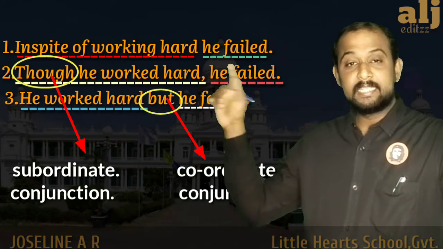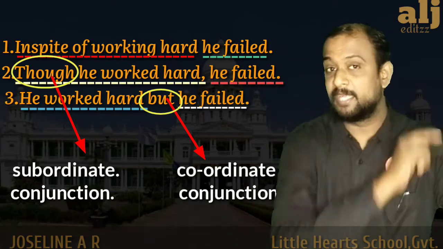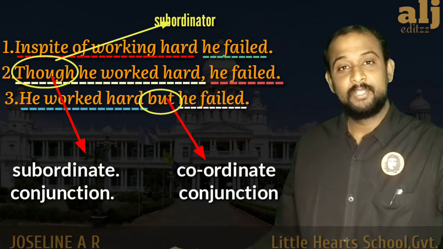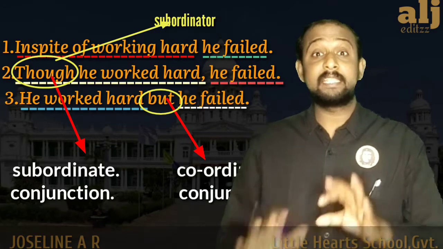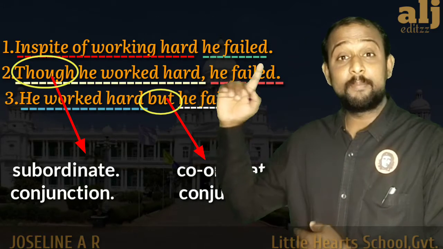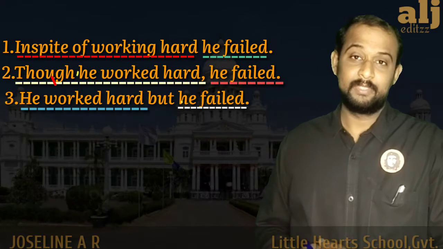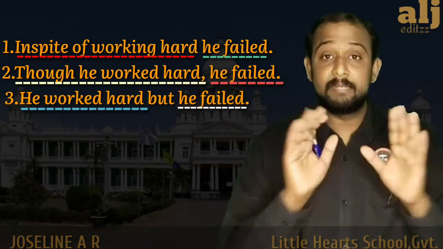And in the second case, see, though he worked hard, though is a subordinator. So when a clause is introduced by a subordinator, it is a subordinate, it means dependent clause. Though he worked hard is a dependent clause, he failed is a main clause.